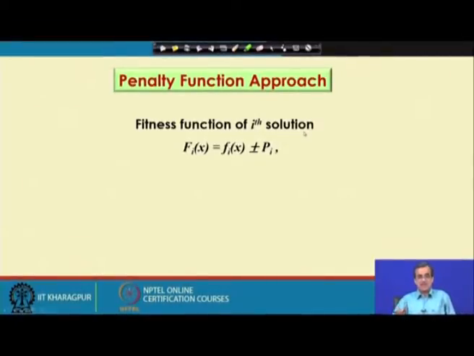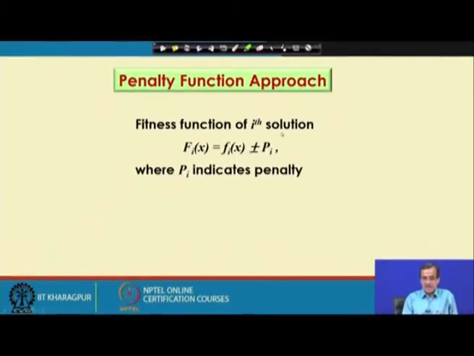I am going to concentrate on the ith solution or the ith GA string. Corresponding to the ith solution, the fitness value is say f_i(x) and the penalty is p_i, and here I am putting plus minus, the reason I will tell you. The modified fitness is capital F_i(x) equals small f_i(x) plus minus p_i, where p_i indicates the penalty.